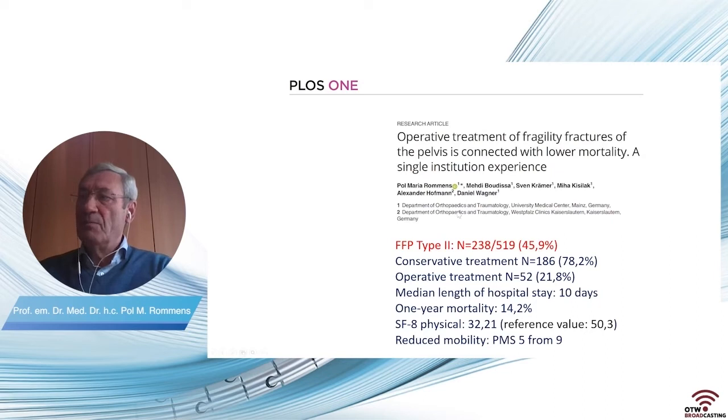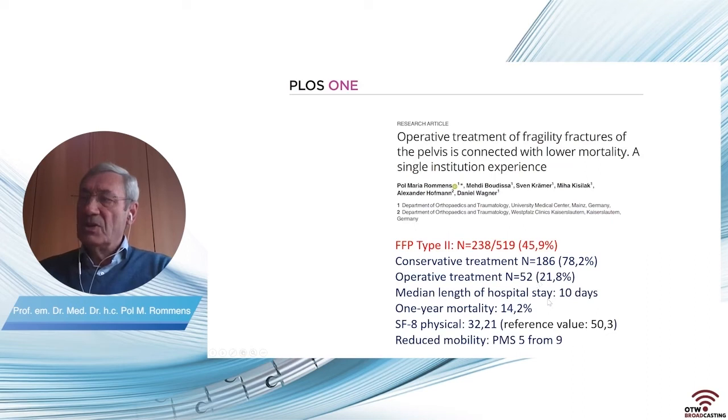This is a very important group, and there is still discussion in literature on how to treat these patients. In this retrospective study, we treated 78 patients conservatively and only 21 patients operatively.